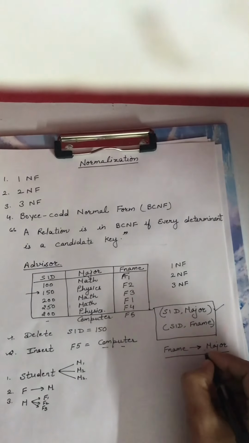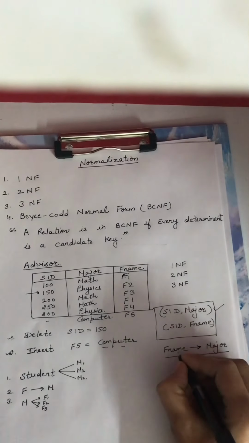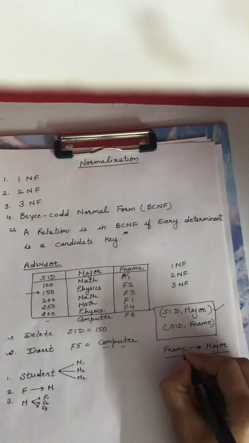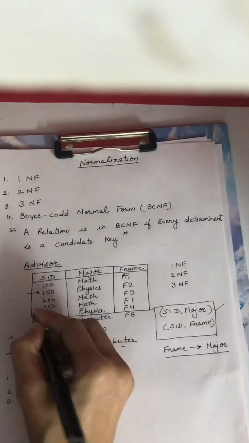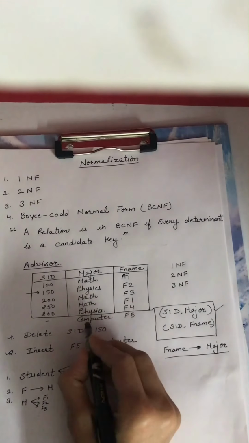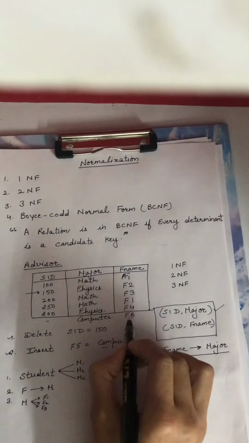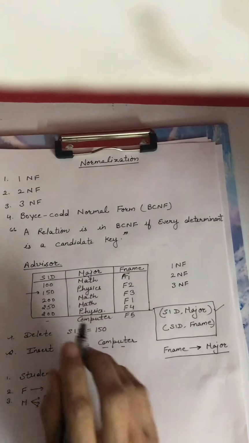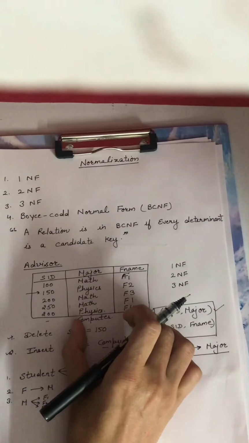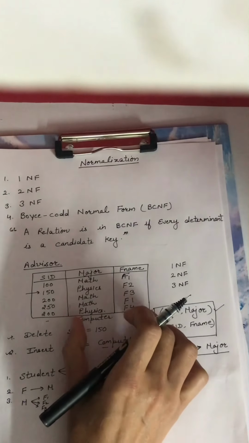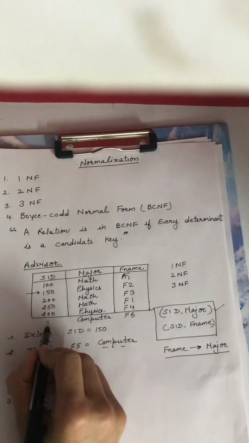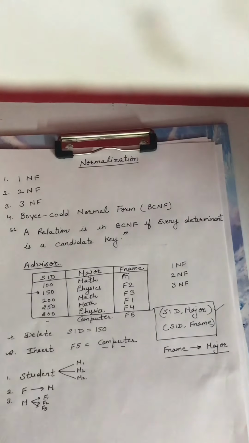In spite of being a non-key attribute, it is a determinant. That's why this problem arises. Because if we want to involve new faculty F5, we need a major computer. We have this information, but we can't insert this record because we can't leave it blank.